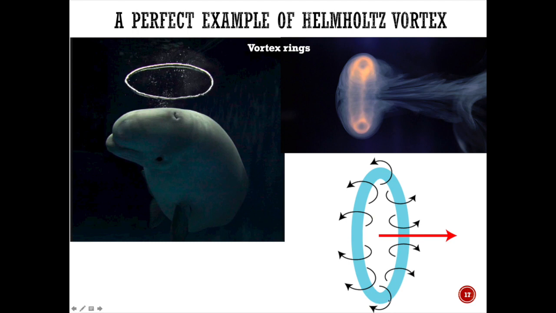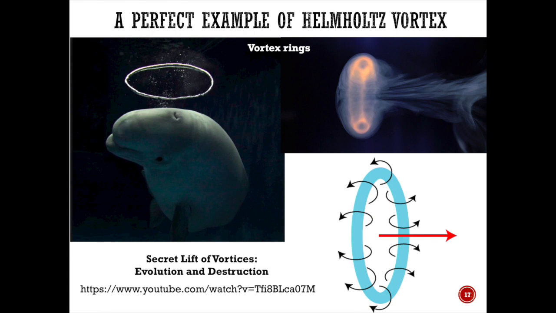But basically what this says is that the rotation of the fluid in the circular area is moving at a constant speed. So as we talked about in class, this leads to what is called a total pressure change from Procos theorem, right? So some of these Helmholtz vortices do exist in real life, and if you want to know more about vortices, I encourage watching this video as well, which is Secret Life of Vortices, Evolution and Destruction.